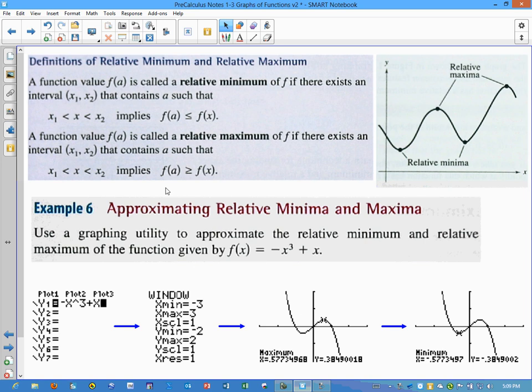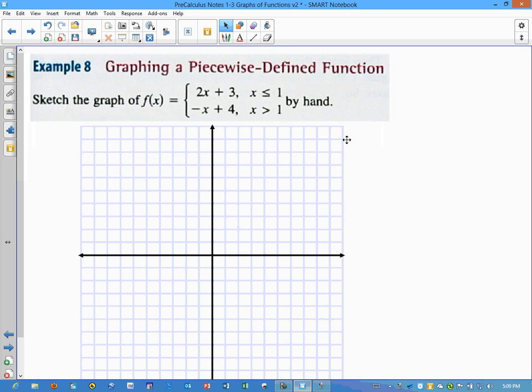Okay, let's talk about piecewise functions. So if we look at graphing a piecewise function, piecewise functions are ones that have more than one rule for the function depending on the value of x. So depending on which interval our input lies in, that'll give you a different rule. Now if you notice, both of these are linear equations because they are a first degree polynomial.